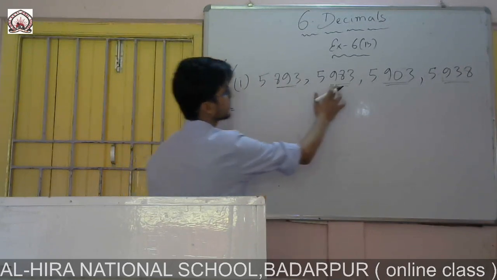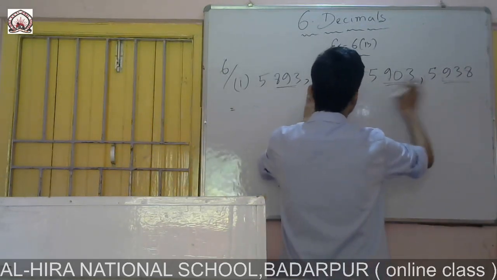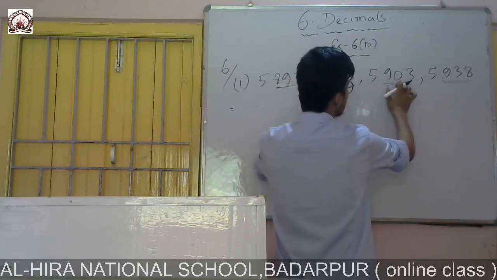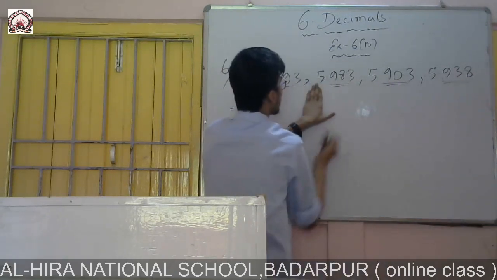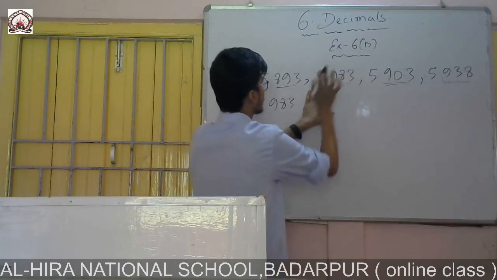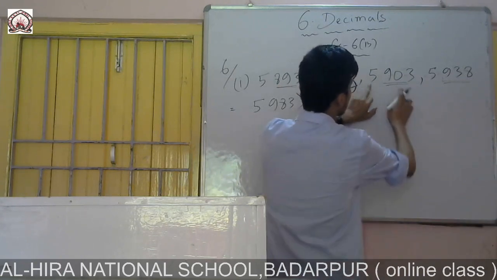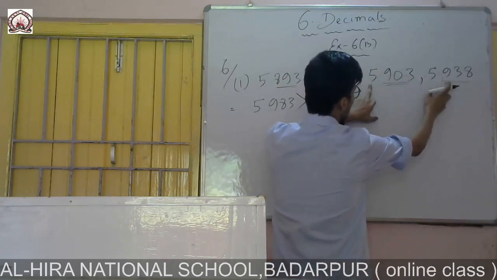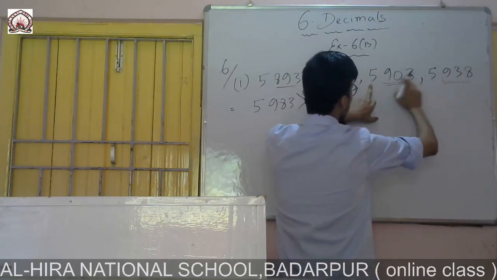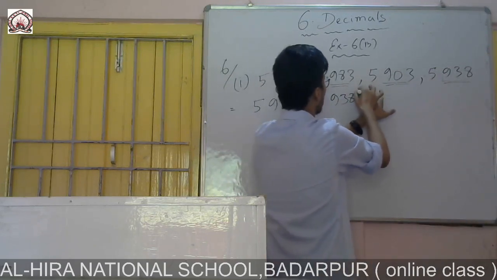This is 800, this is 900, 900, 900. That means from these 3 one will be greater. 98, 90, 93. Which one is greater? 98. So first one will be 5.983. This one finished. Then it is 5.90, 5.93, and 93 is greater than 90. So 5.938, and last which one left?